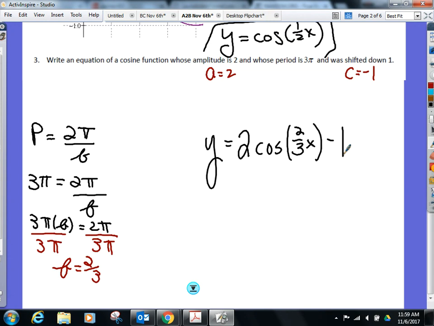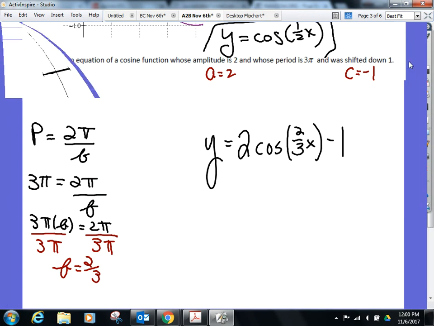How you guys feeling writing your own equation? Ooh, we get another graph now, huh? Okay. See if you can find at least the A and the C value on your own right now. At least the A and the C. I know B may be a little difficult, but see if you can find the A and the C value on your own.